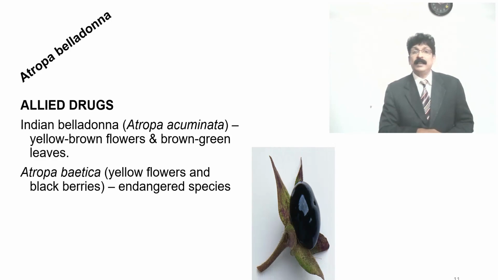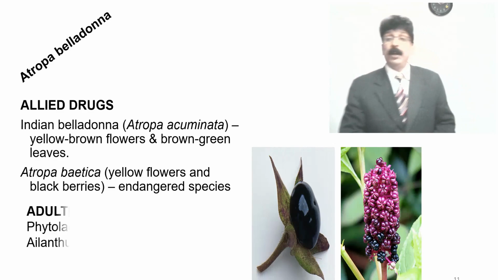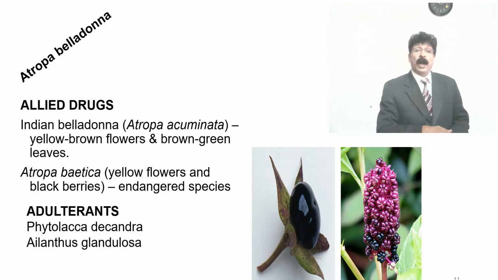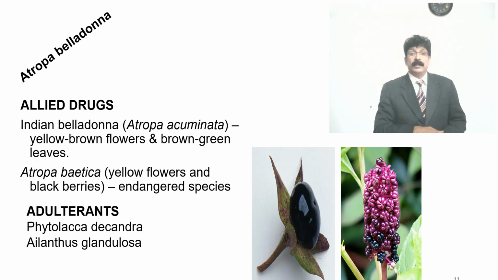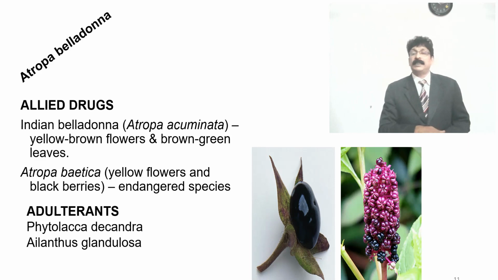The black berries are also seen in Indian belladonna in some species. Adulterants for Atropa belladonna can be Phytolacca decandra and Ailanthus glandulosa.